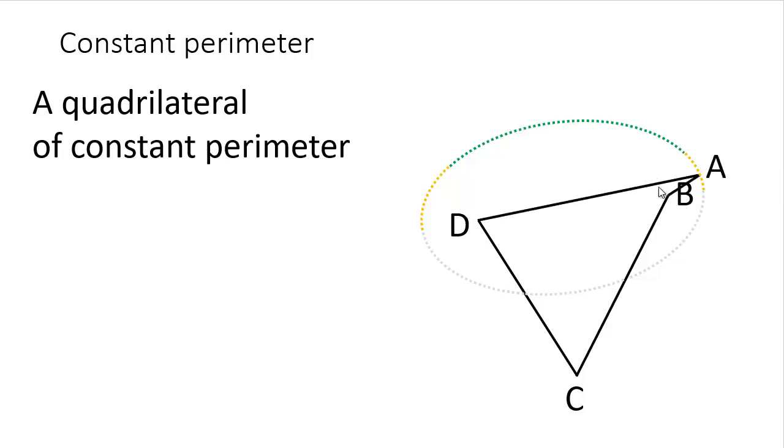This time the concave angle is at B. So the green zone is the bit where we still have the constant perimeter, but we don't have the quadrilateral extending outside of 180 degrees for any of the interior angles. So we want to work out where that starts and where that finishes.